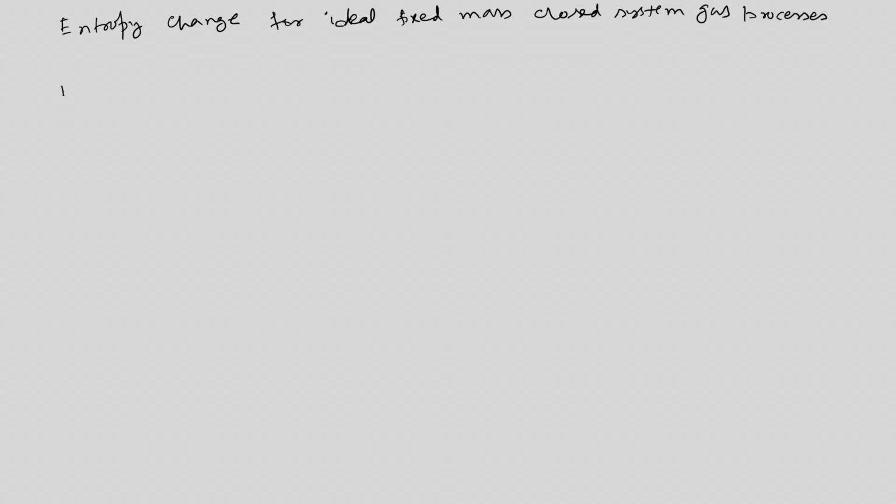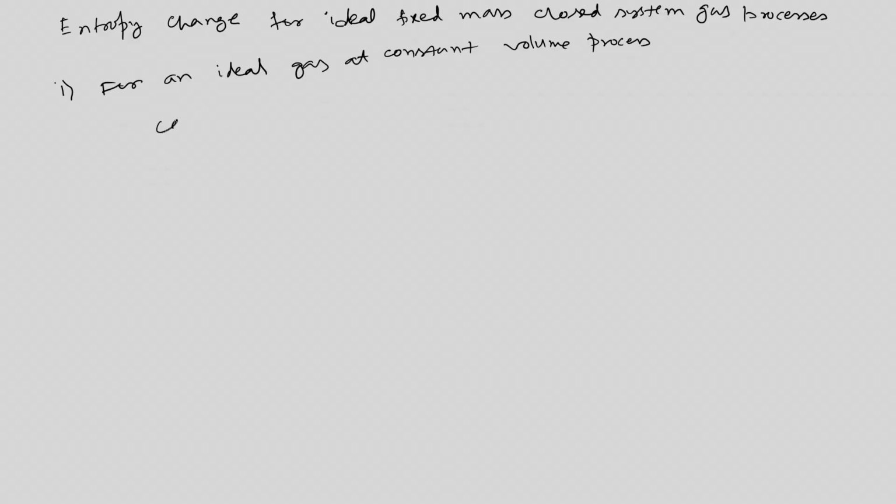Okay. So, first we will consider an ideal gas at constant volume process. So, the gas is an ideal gas and the process is a constant volume process.